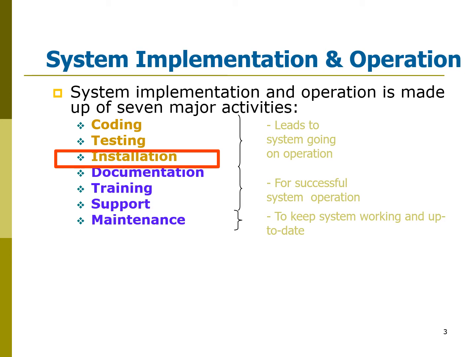After everything is running well and has been tested, the next phase is to do installation. Installation is where you have the code ready and you want to install it at the customer site.